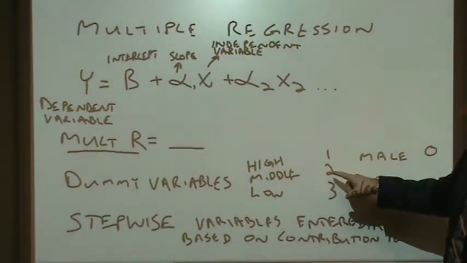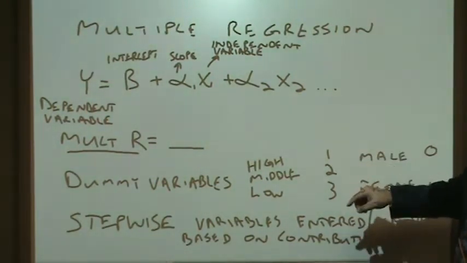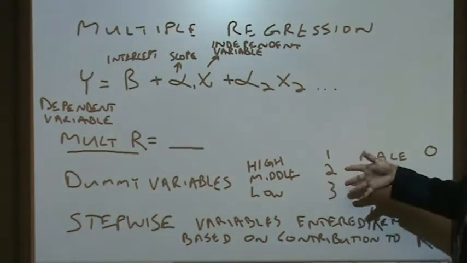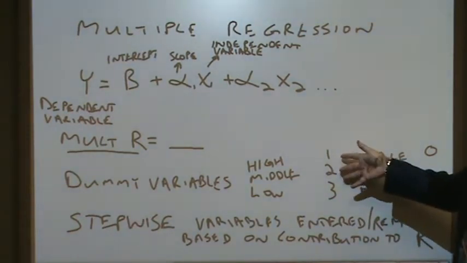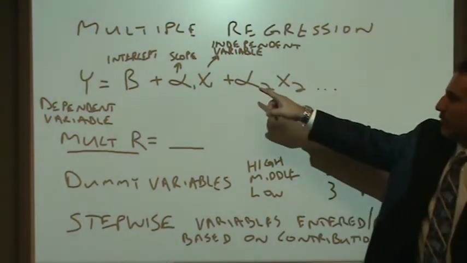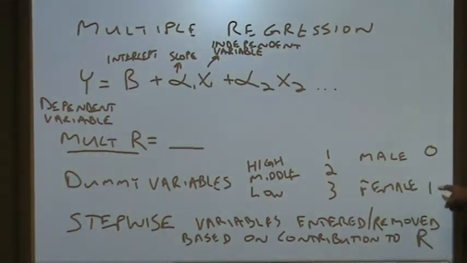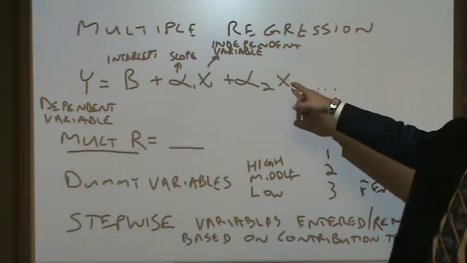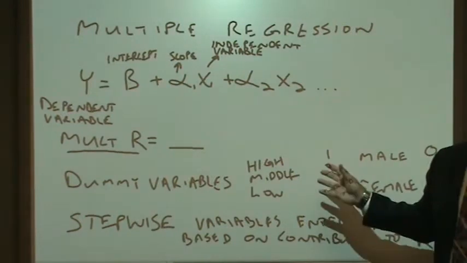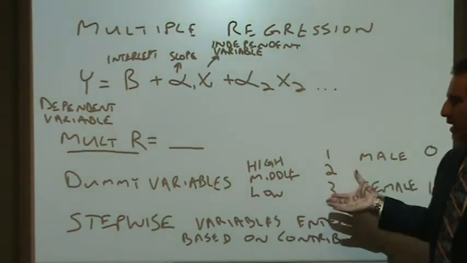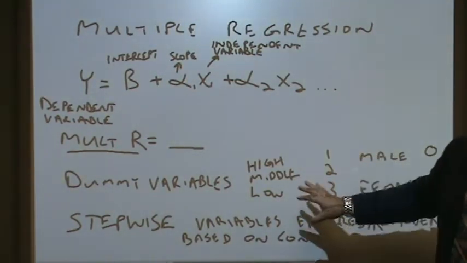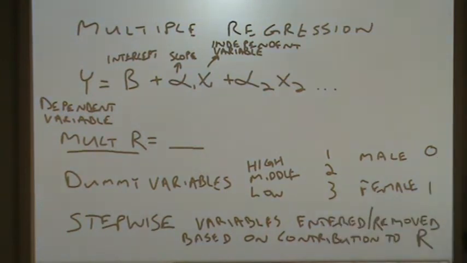It would have made much more sense if I had done 1, 2, 3 like that, but anyway, it doesn't matter. In any case, you give them a number and you would include it there. You could also do that with gender. Male 0, female 1 could go in. That's what dummy variables are. It's a very common thing in social sciences research to use those.